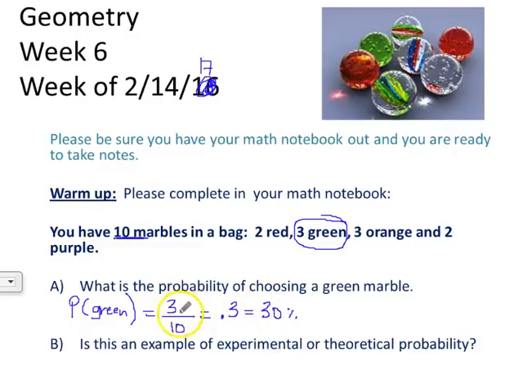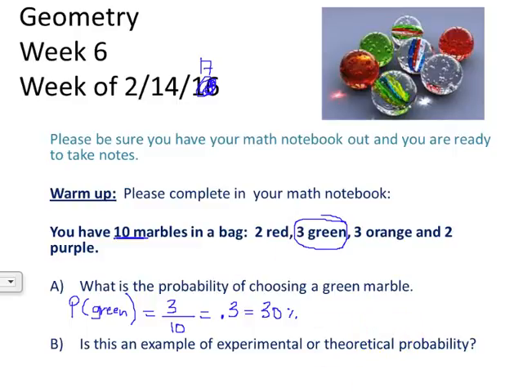So if there's a 3 out of 10 chance, that's a 0.3 chance, which is also a 30% chance of choosing a green marble. So was that question an example of experimental or theoretical probability?